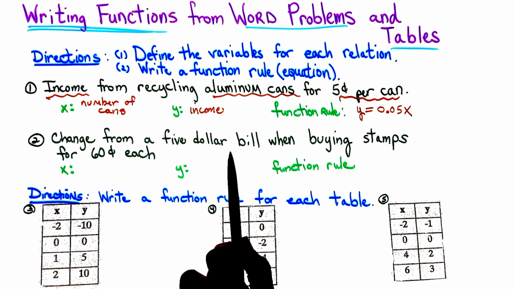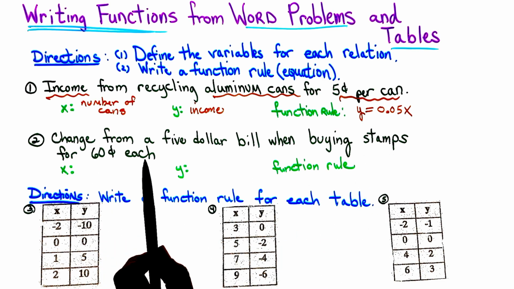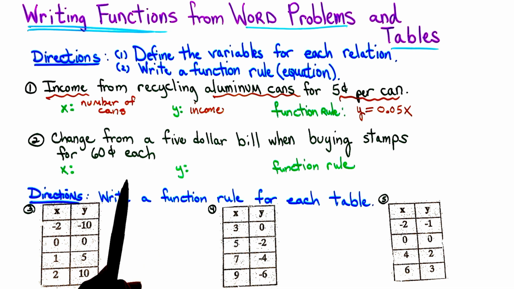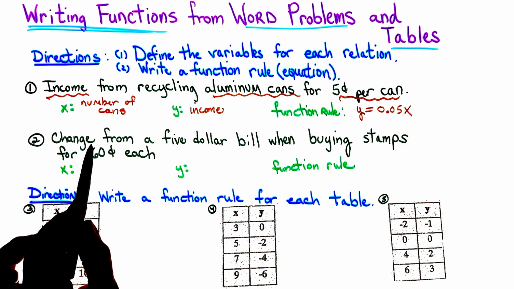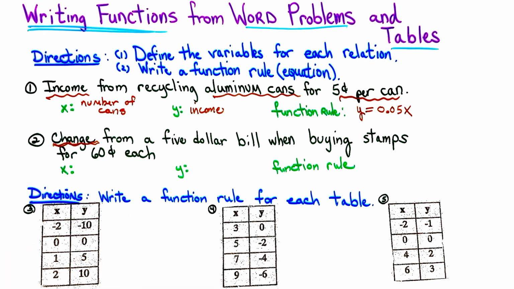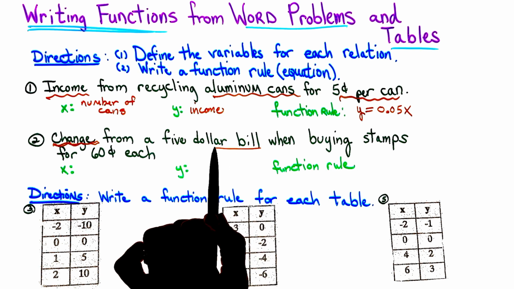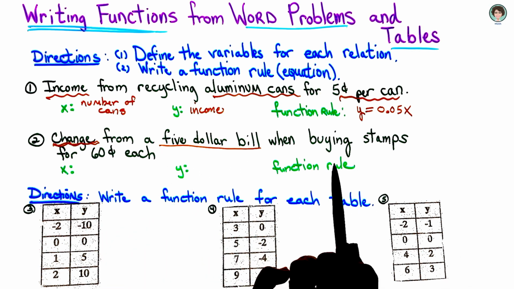Change from a $5 bill when buying stamps for 60 cents each. Okay, so what are we interested in? We want to know, what is the change? And from a $5 bill is going to be important. And what are we doing?